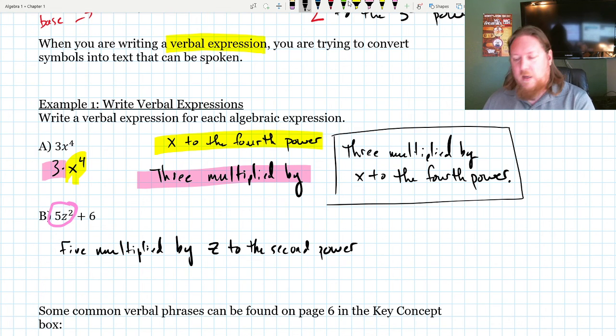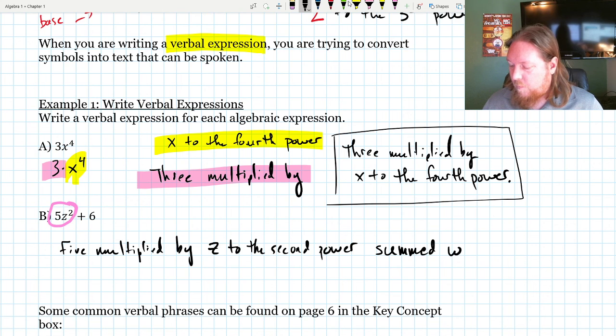So now I know that whole term of the expression there. Now we just need to add that constant term in the end. So we could just say plus 6, because that's how we normally say it when we're being casual about the math. If you want to be a little bit more technical with it, when you add, it's a sum. So I would say summed with 6.